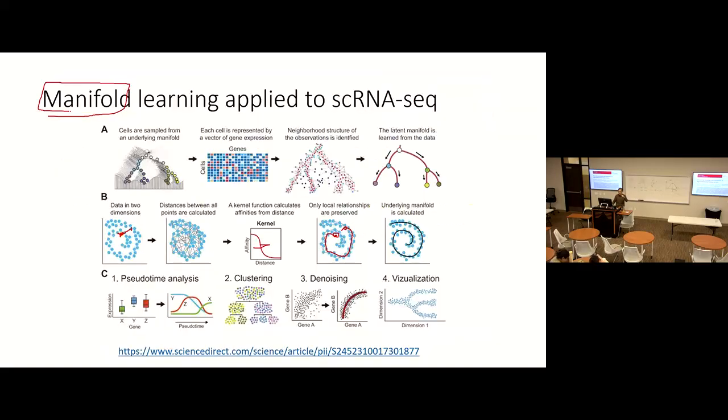As in the case I showed here, it looks like the distance of these two cells is very small, but in reality, you need to move all the way through almost the whole structure in order to get from this cell state to another. Similar here, you just cannot jump to here. Okay, you need to follow the structure of a development.